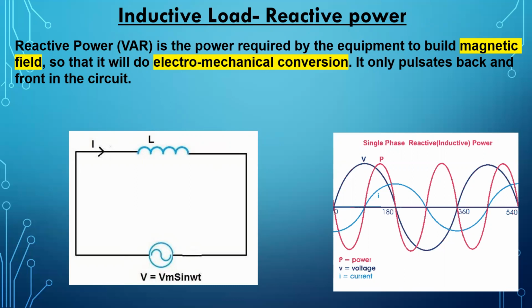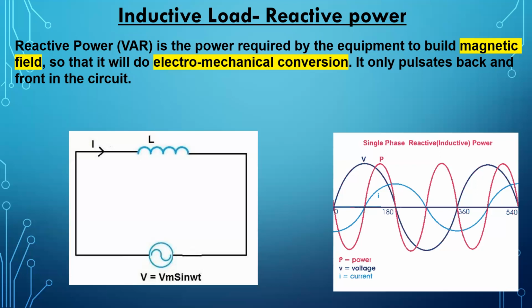When it is discharging back, the flow of current inside the windings will make a mechanical conversion. It starts the rotor to rotate. So that's what they mean here. It is an electromechanical conversion that pulsates back and forth in the circuit. In the circuit, what does it mean? In the circuit means from source to the load and load to the source.